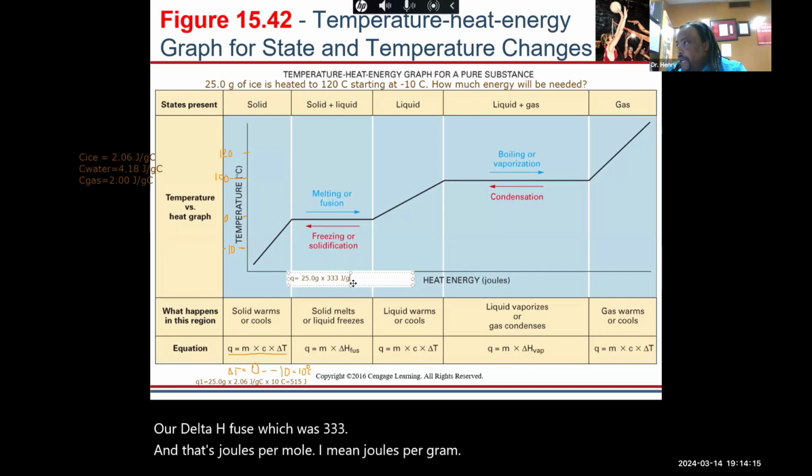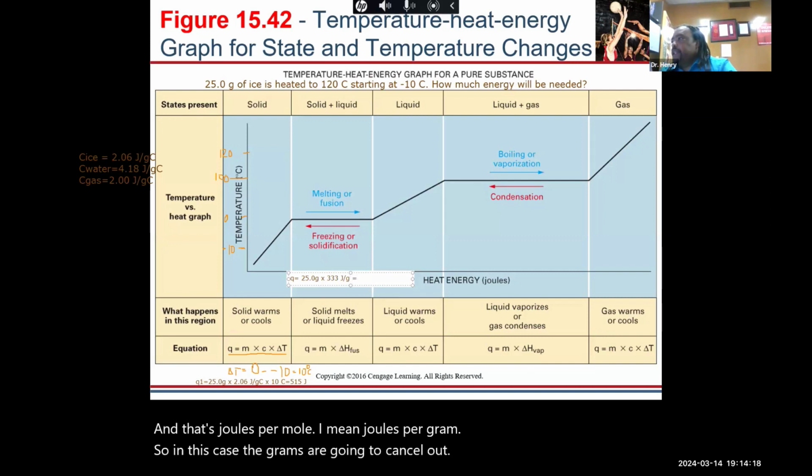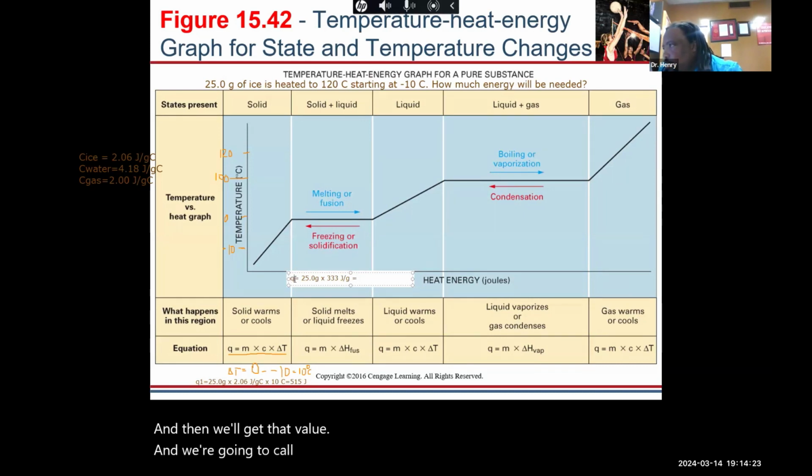So in this case, the grams are going to cancel out, and then we'll get that value. And we're going to call that Q2. And so we know that was 8,320 joules.